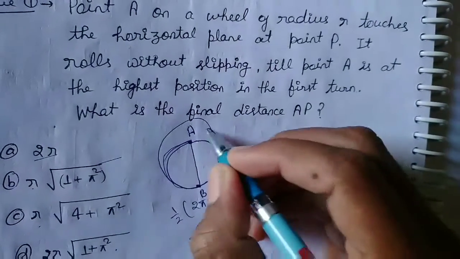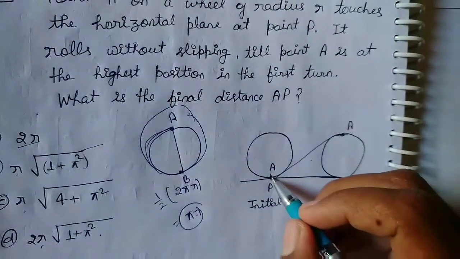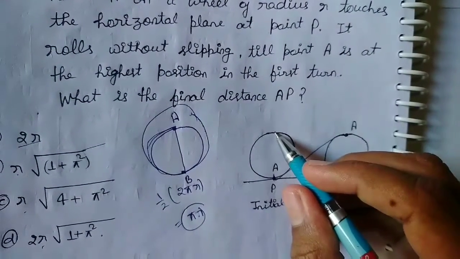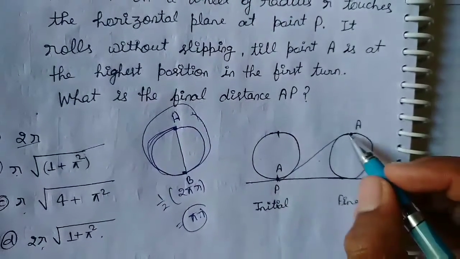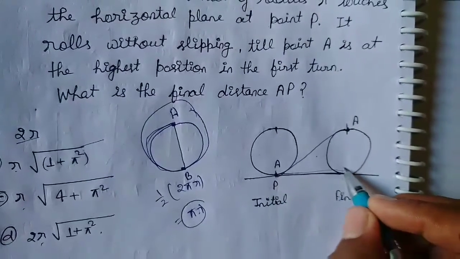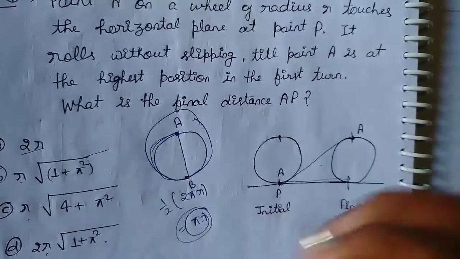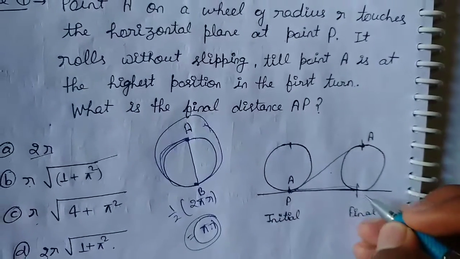Similarly, applying this concept in this question, if this point reaches its diametrically opposite point, this distance will be just half of the circumference.